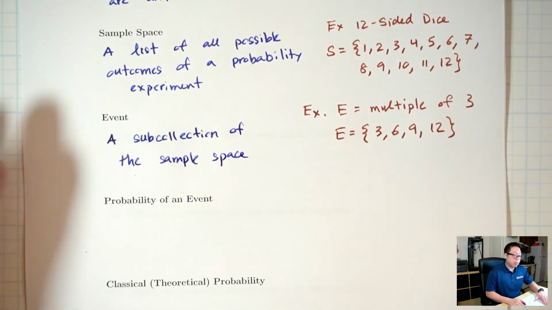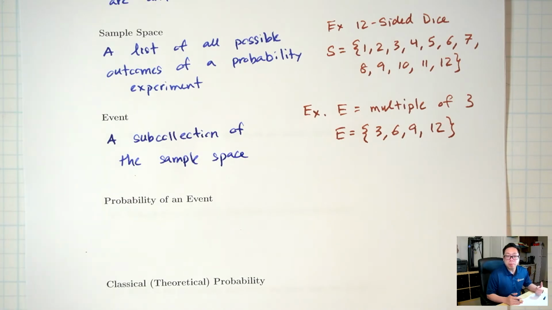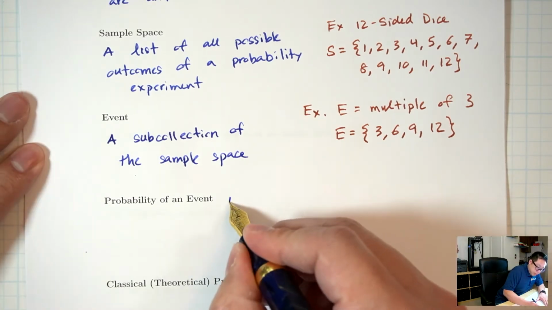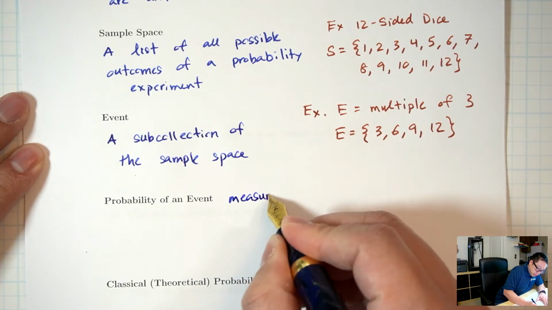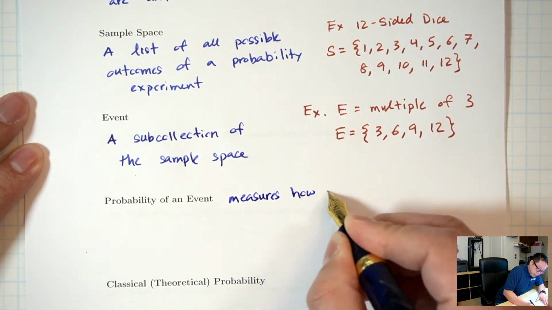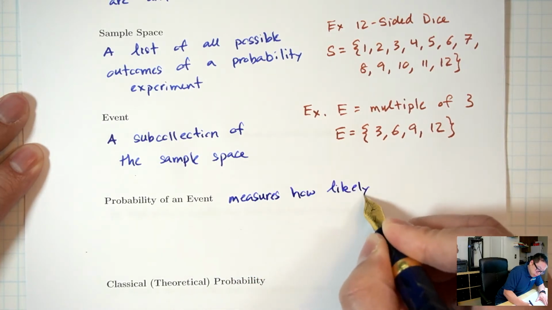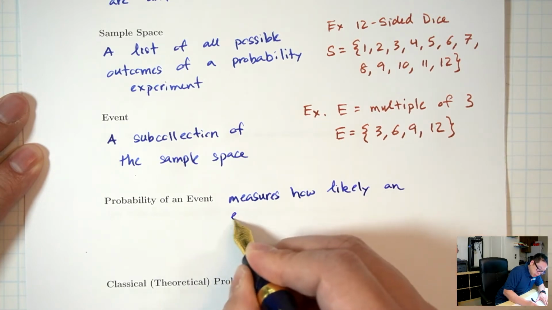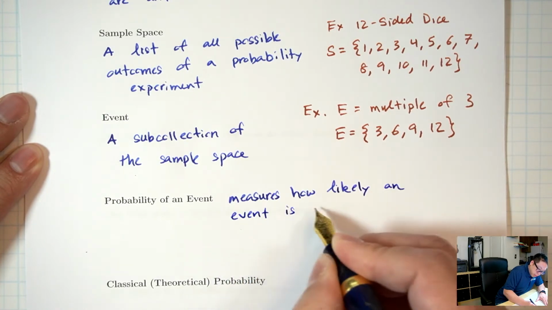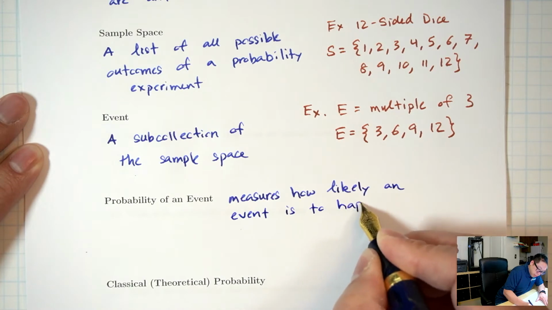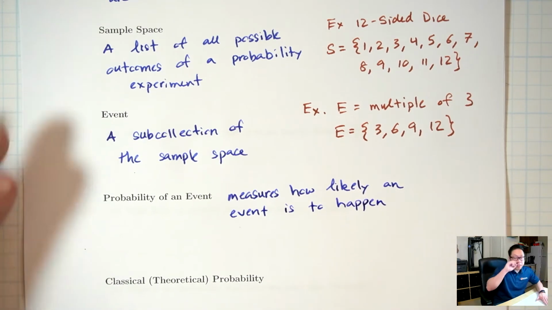Probability. So probability is a measure of how likely something is to happen. And you've seen this before.